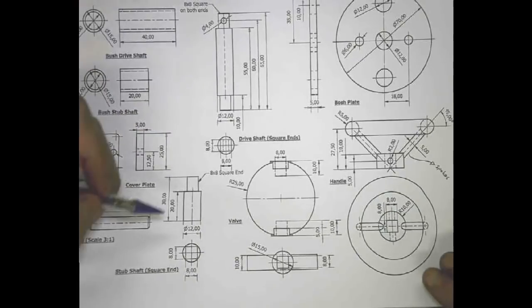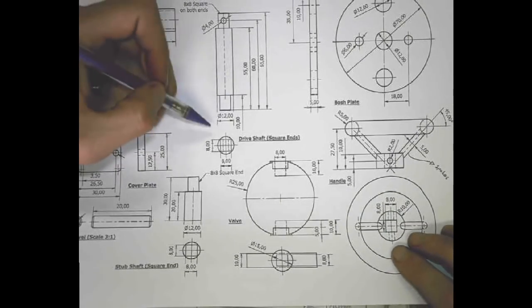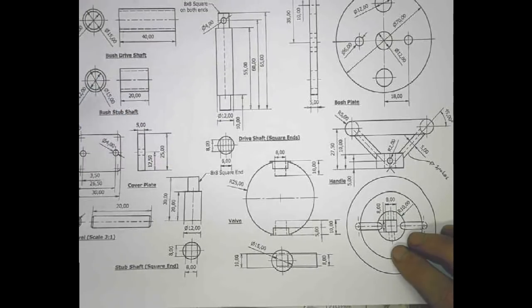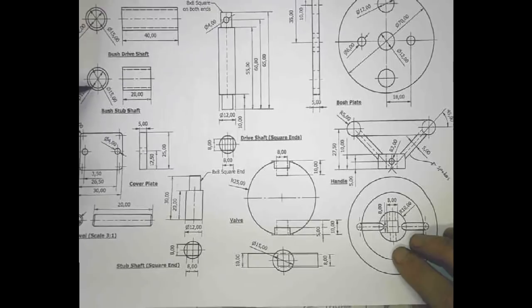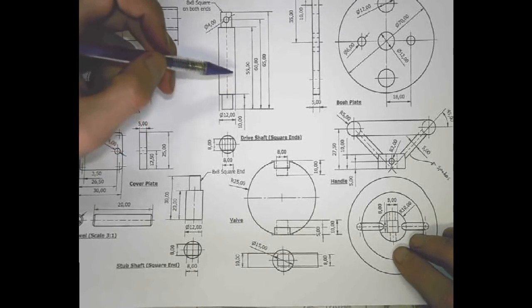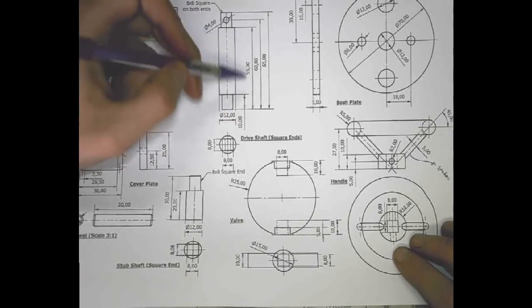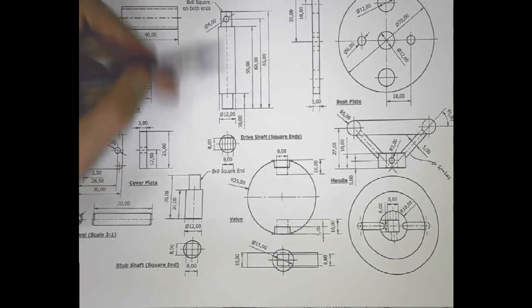We can see at the bottom it's the same as the stub shaft, it just has an 8x8 square, and it has a 12 millimeter cylindrical section, which will fit nicely into the inside of our bush. And we can see that this middle section here is 45 millimeters long.